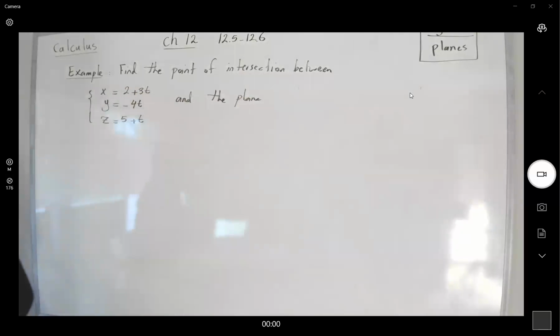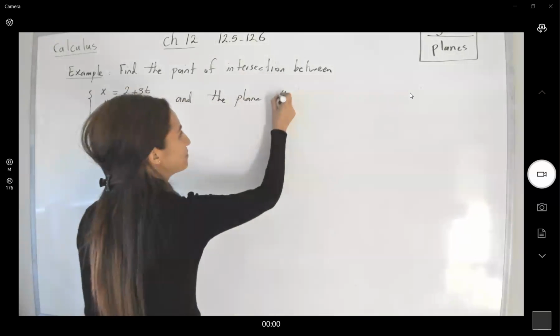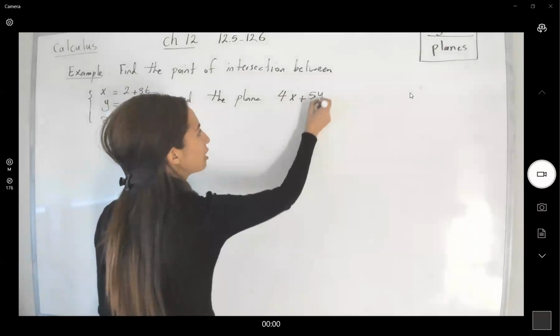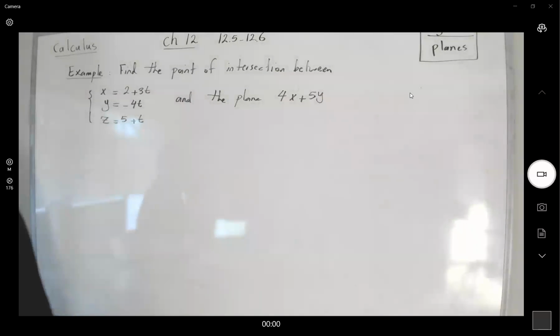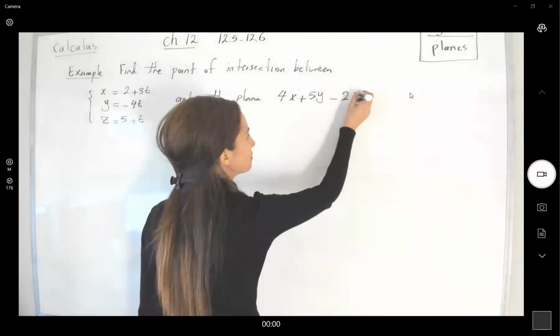Equation of the plane given to us as 4x plus 5y minus 2z equals 18.